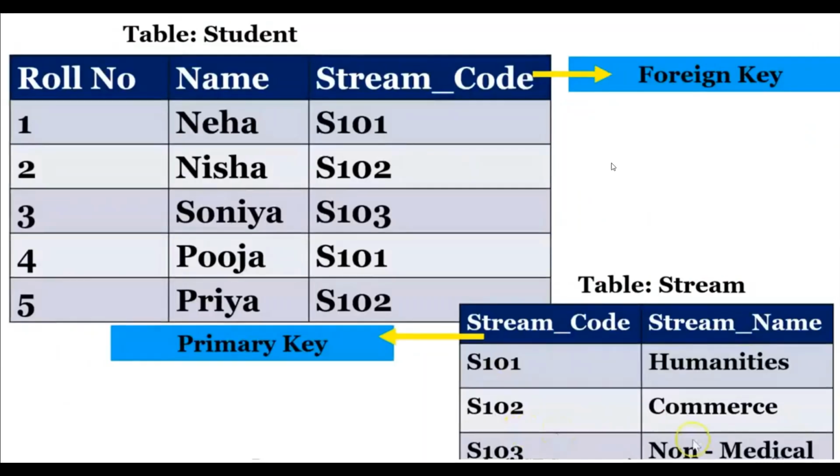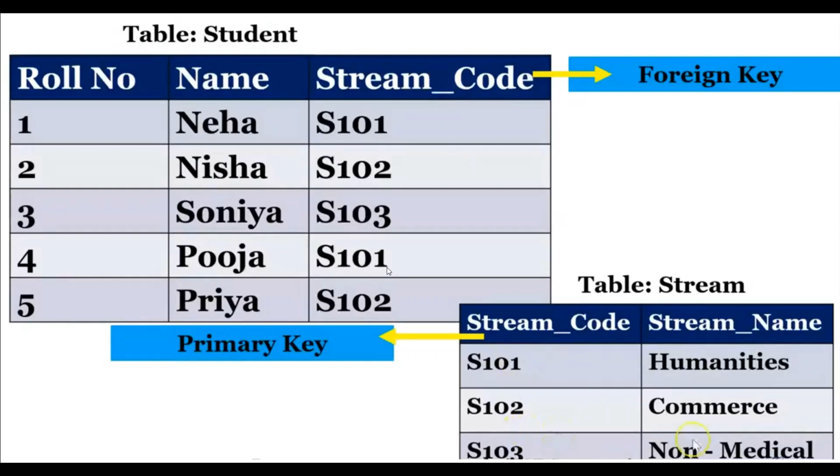See this example. We have got one relation with the name student, another relation with the name stream. In student table we have attributes roll number, name, stream code. Now we have entered records that Neha as well as Pooja belong to stream S101.